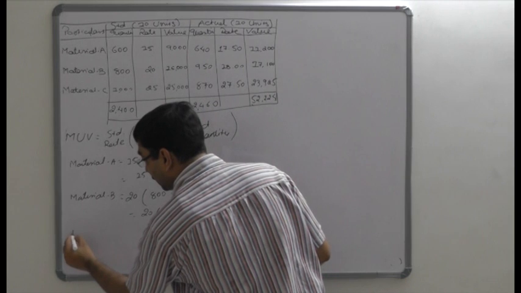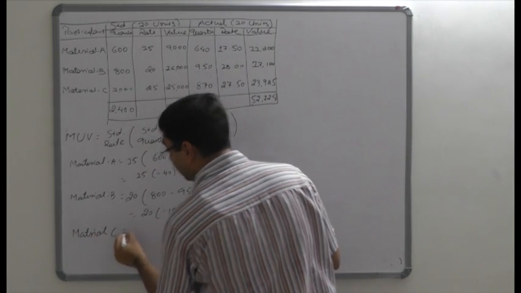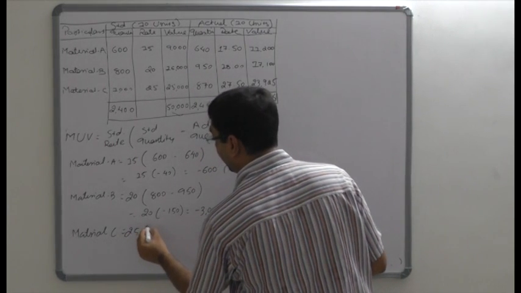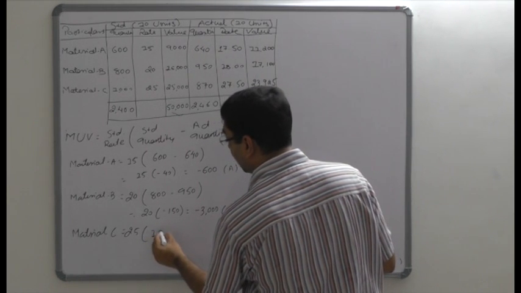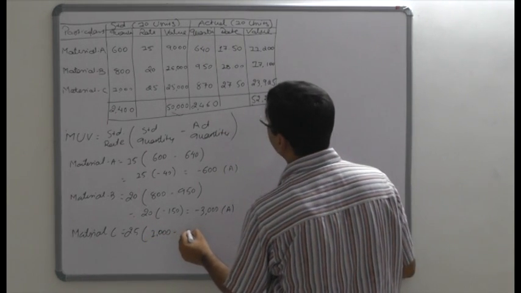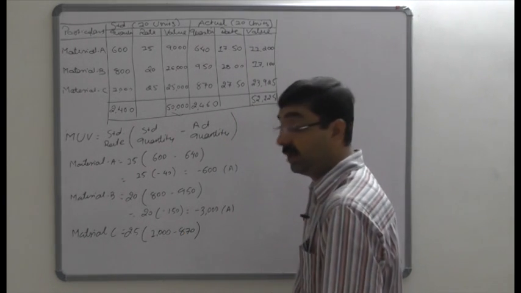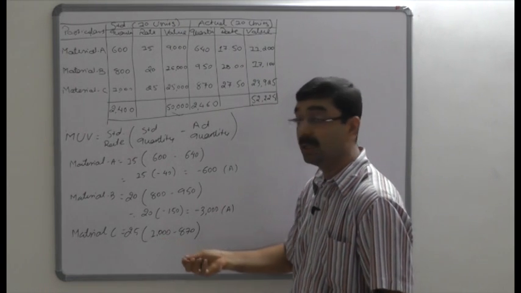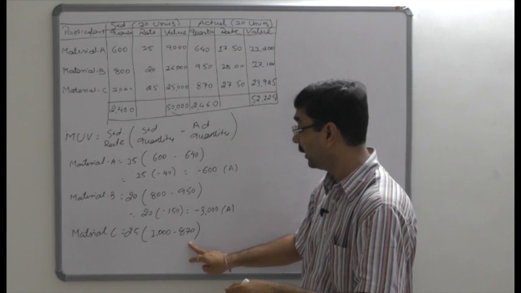Now see, in case of material C, the standard rate is 25 and the standard quantity required is 1000 minus actual quantity they used, 870. That means it's favorable because the quantity required is more than the actual quantity used in the organization.